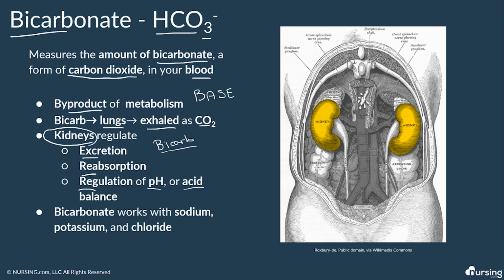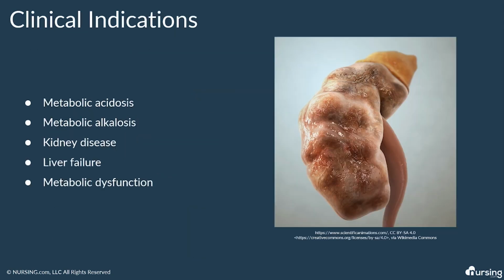And bicarb also works with sodium, potassium, and chloride. So you're going to see it on that lab skeleton of the electrolyte studies. It's going to be right here, reported as CO2. Some clinical indications are in the case of metabolic acidosis or metabolic alkalosis.